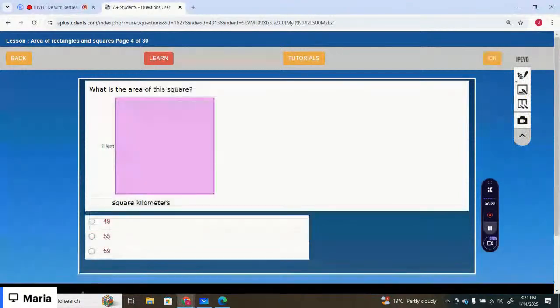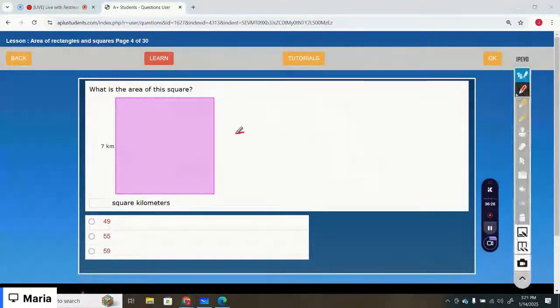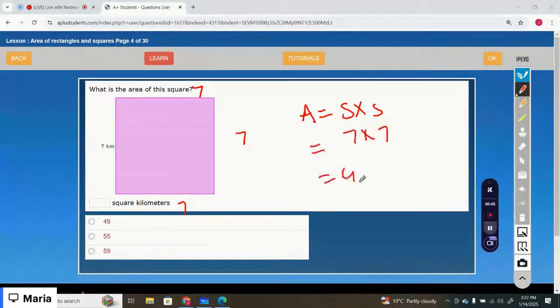What is the area of the square? So now look at this example. The square has all four sides equal in measurement, isn't it? They all are 7. And the formula to calculate the area of a square is side times side. So that is 7 times 7. So the correct option is 49.